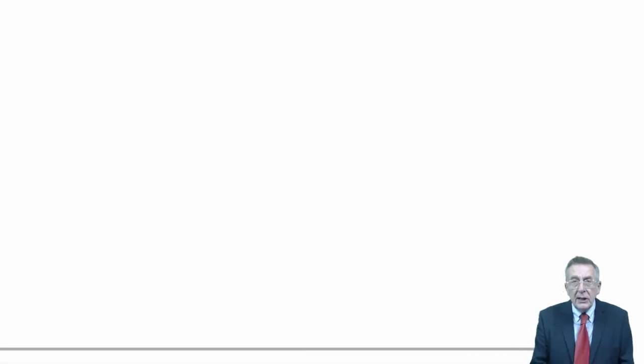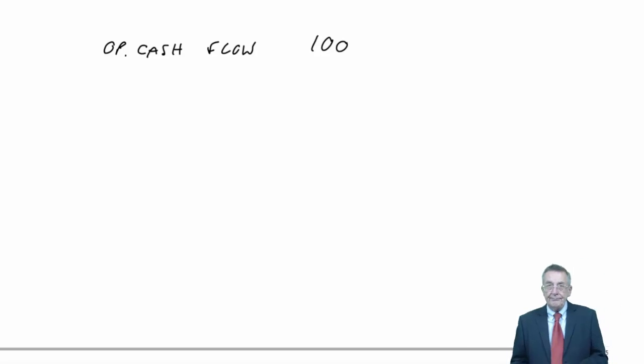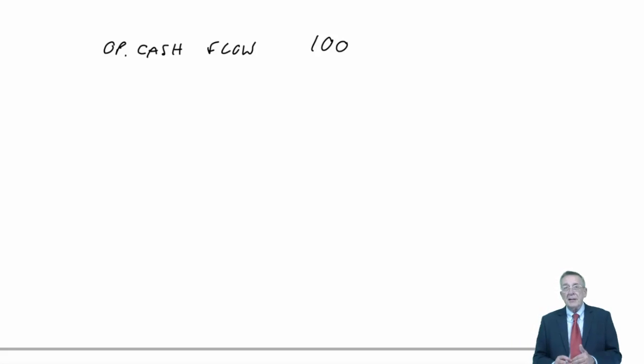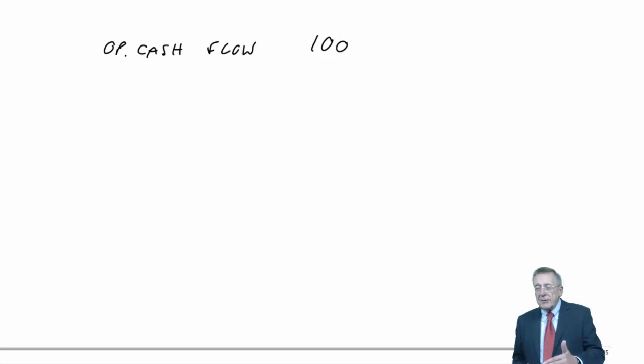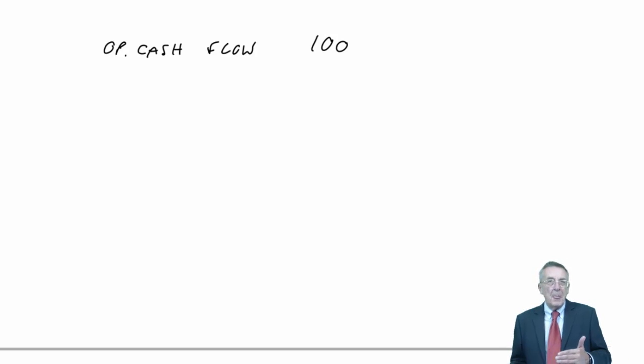Just suppose, a tiny little example, suppose we made operating cash flow of 100 in 1 year. Operating cash flow 100. Now remember, the cash flow is the profits in cash terms.